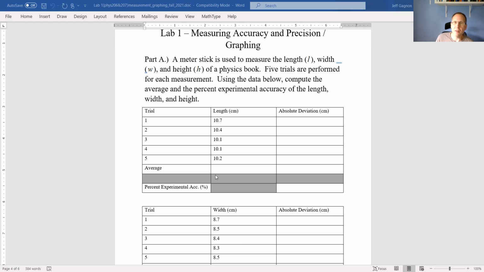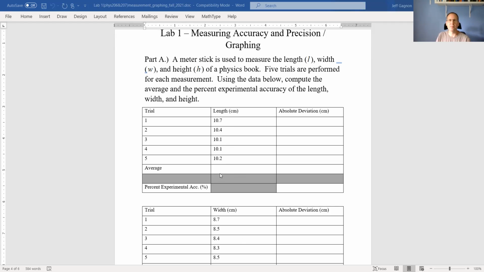Remember that when you do these computations, and you should refer back to the measurement video or the measurement handout, you have to be aware of the resolution of the instrument, which is basically how many decimal places each of these numbers are recorded to. When you round the averages and the average absolute deviation, it always has to be rounded to the resolution of the instrument. In this case, it's going to be to 1 decimal place.